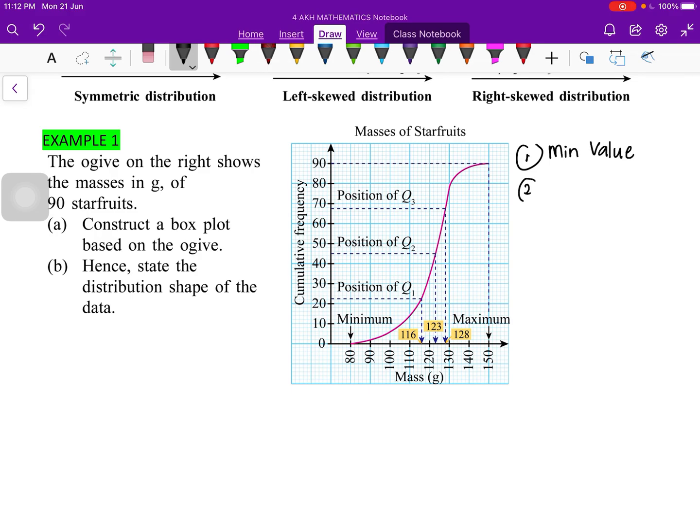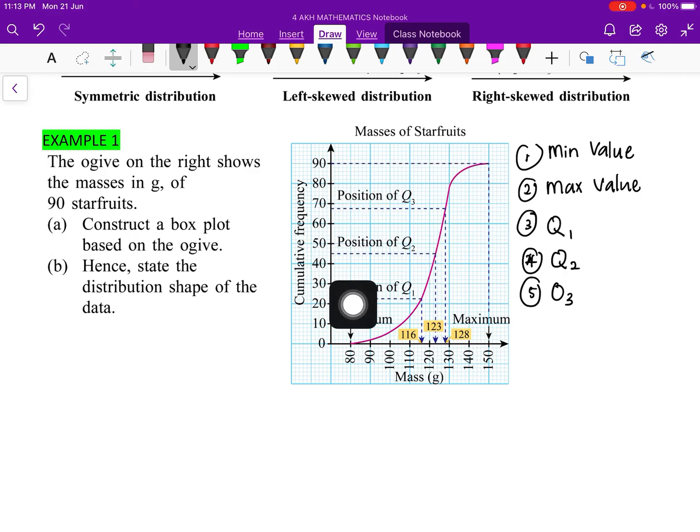So, kita kena ada maximum value. Third, kita perlu tahu our first quartile. Fourth, our median. Fifth is our third quartile. Okay. So, 5 benda kita kena tahu untuk kita construct box plot.